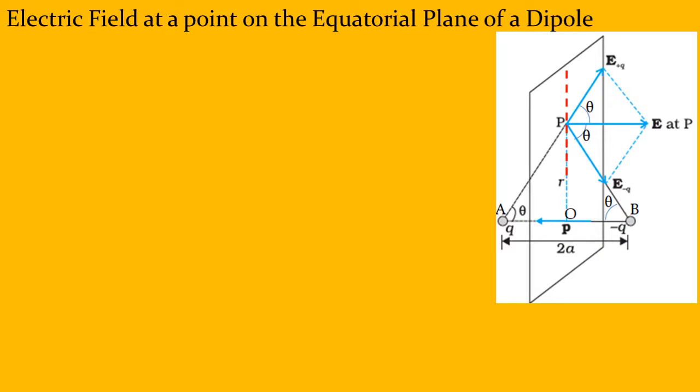Now let us calculate the electric field at a point P on the equatorial plane of a dipole. Now you will ask me, what is the equatorial plane of a dipole?